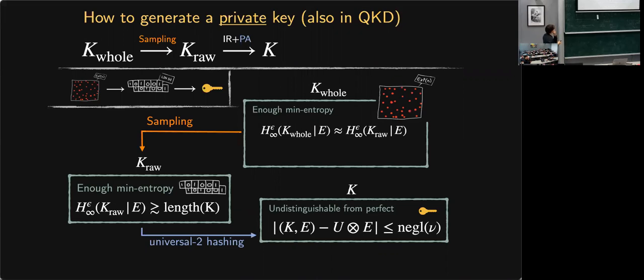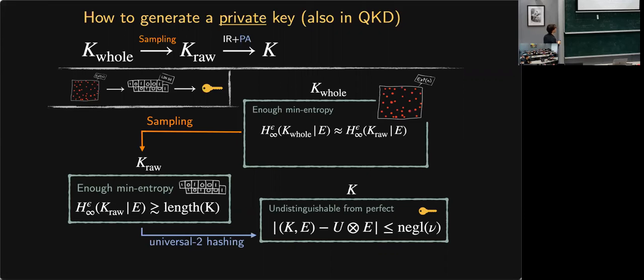And this will be done by sampling. So essentially, it's a sampling game where we ask Eve to guess the whole key. And then we look at what's our probability to win the whole key.